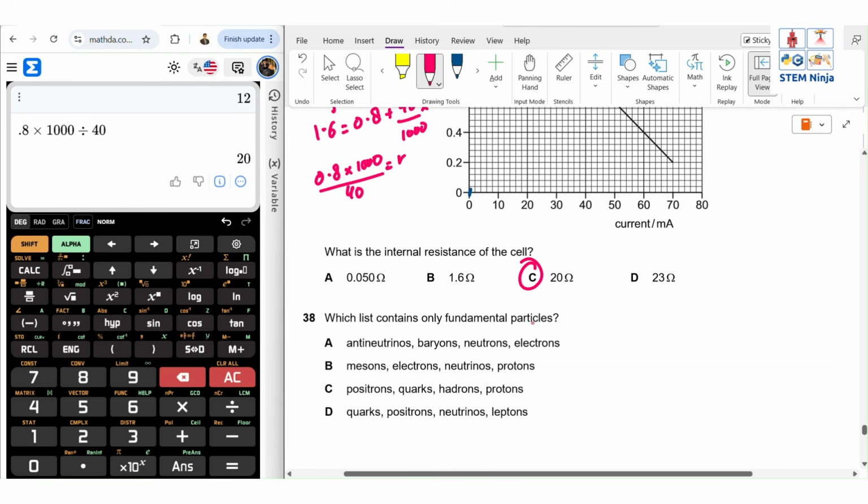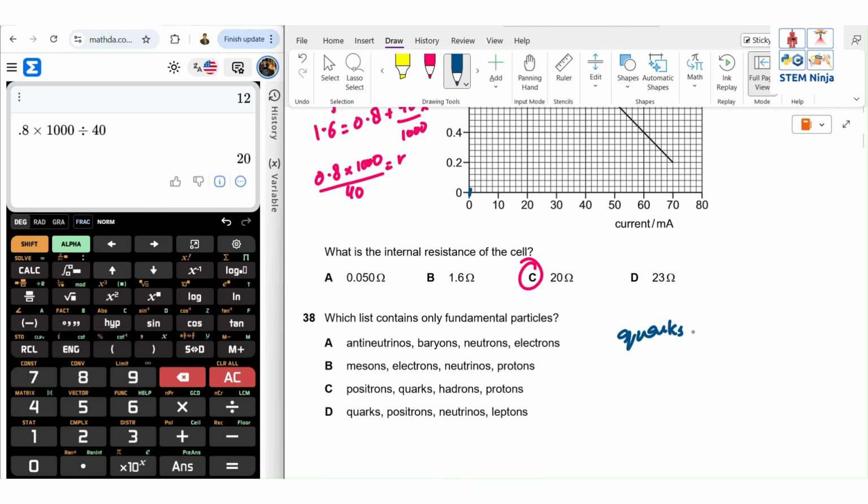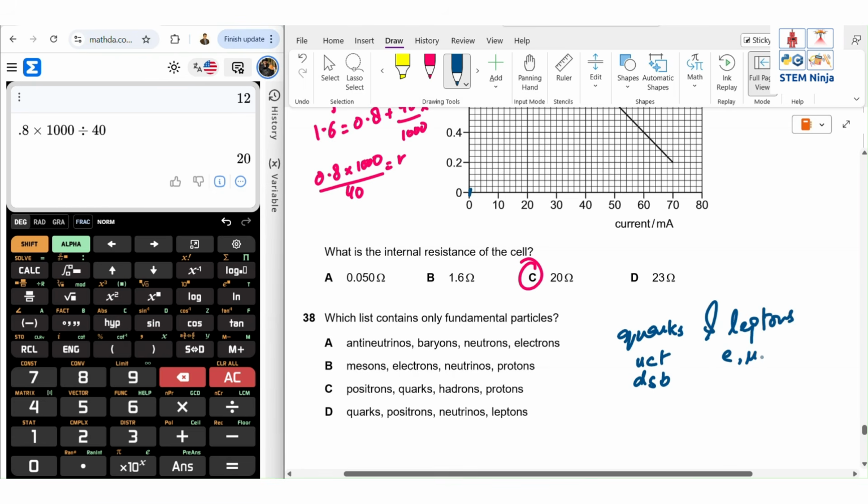Which list contains only fundamental particles? So fundamental particles are quarks and leptons. Quarks are up, charm, top, down, strange, bottom. Leptons are the electron, muon, and tau, and then we have the neutrinos as well.